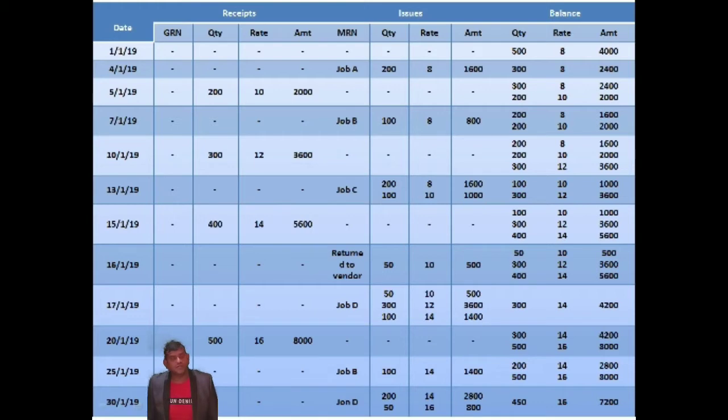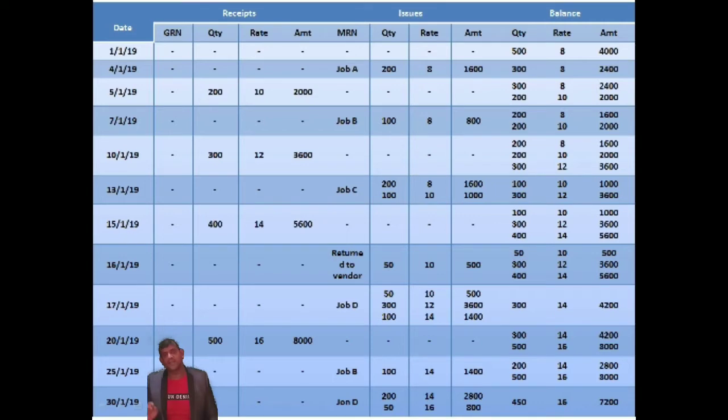On 1/1/2019, what was the issue? In the question he clearly said there was an opening balance of 500 units at rupees 8. So obviously there are no receipts, no issues. Directly opening balance entry. Under receipts, GRN nil, quantity nil, rate nil and amount nil.